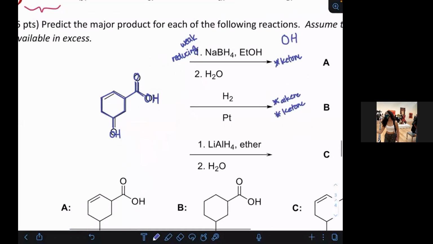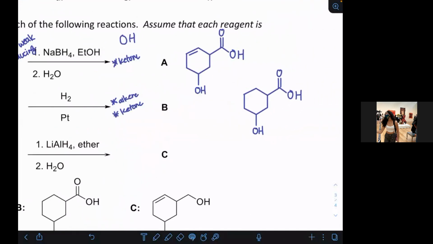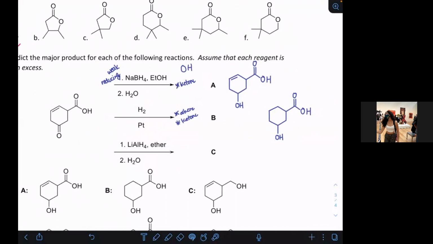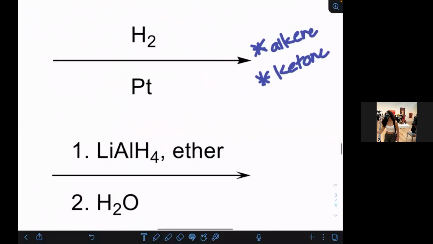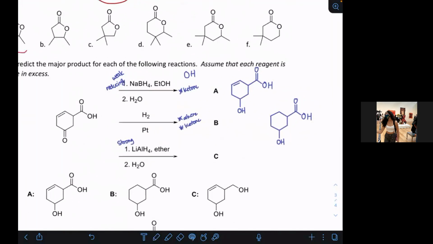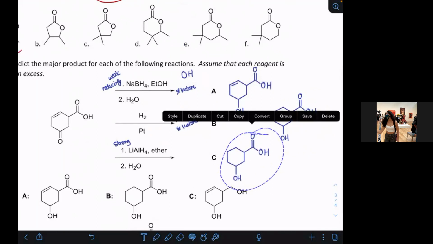So that one is actually this structure, turning into OH also. And then this one's a strong reducing agent, so it changes both the carboxylic acid and the ketone to alcohols.